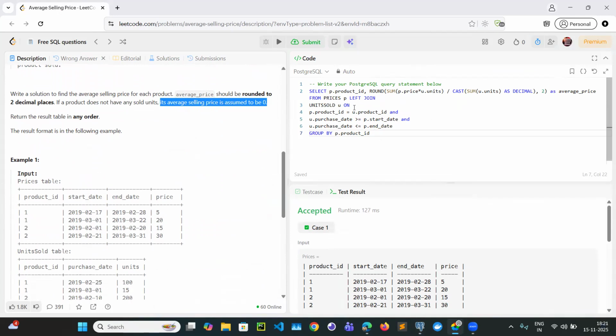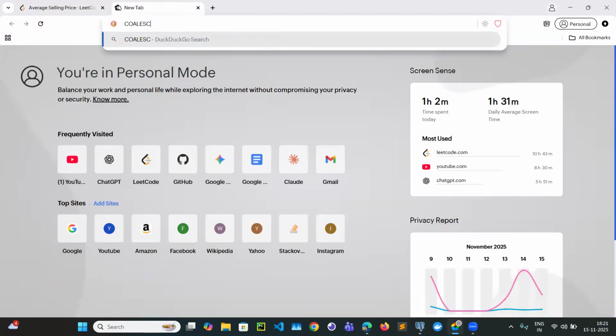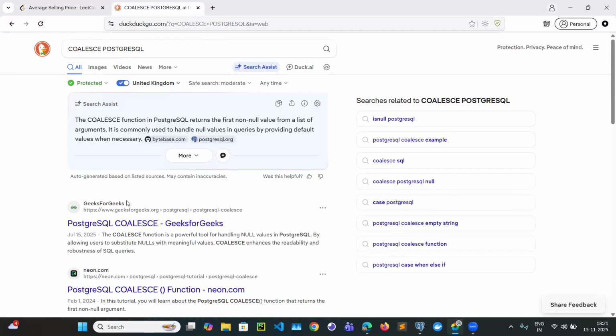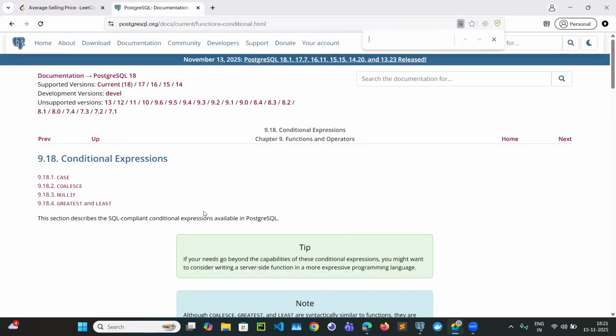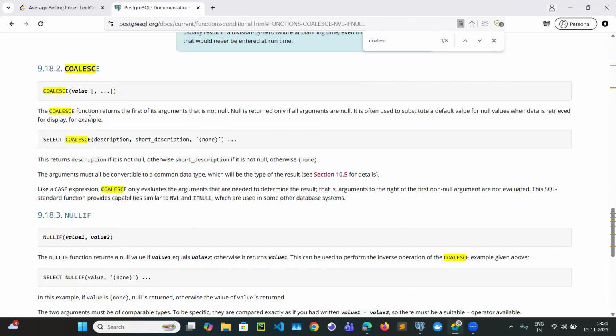Right. So there is a function in PostgreSQL. I think we have already tried this one earlier. This is going to return the first of its arguments that is not null.